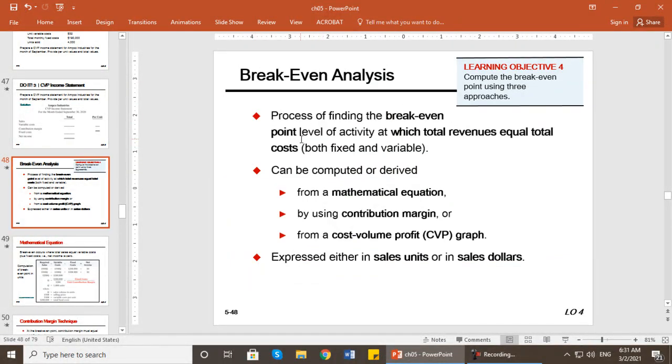Break-even analysis is the process of finding the break-even point, the level of activity at which total revenues equal total cost.